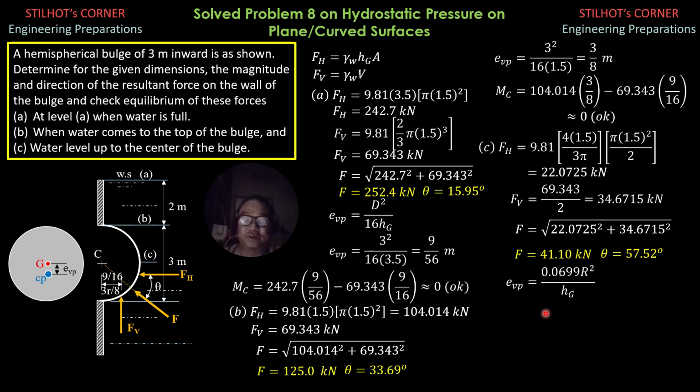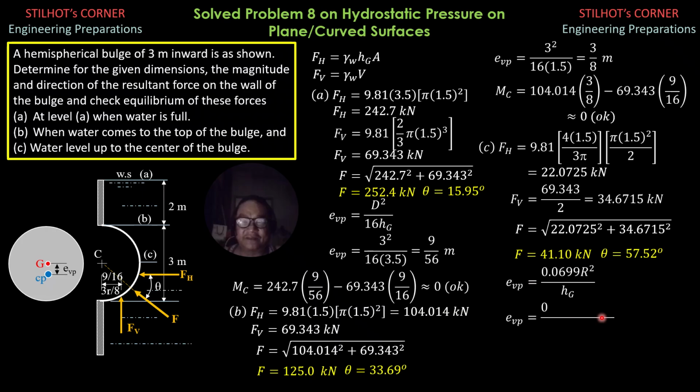For those who are new to my channel, you may verify this in my derivation. You can find this in the first part of the topic, principles on hydrostatic pressure on surfaces, plane surfaces. You can find the derivations there for other plane areas also.